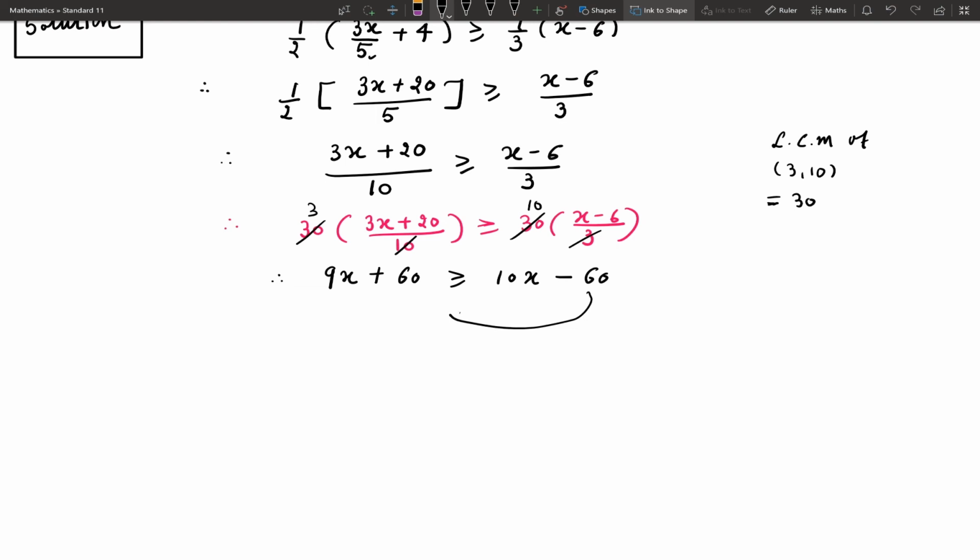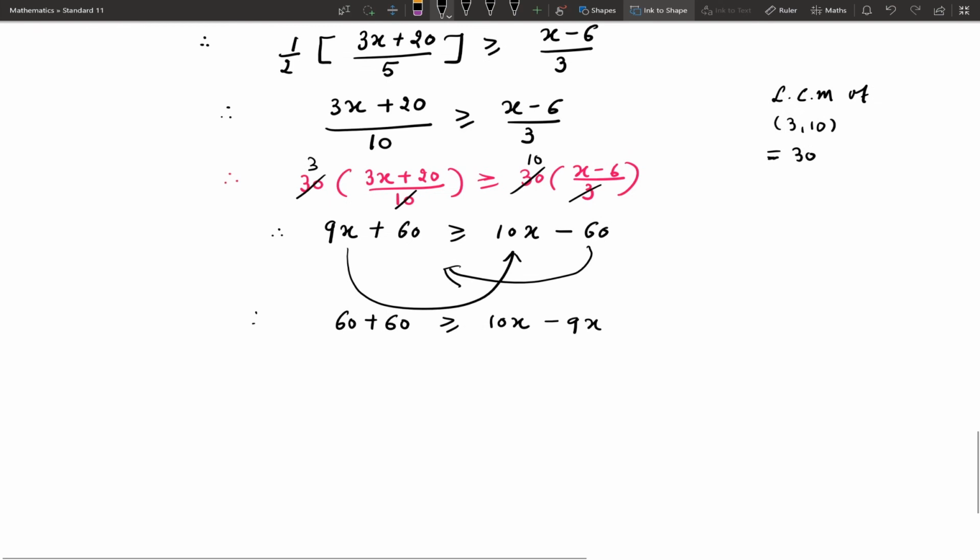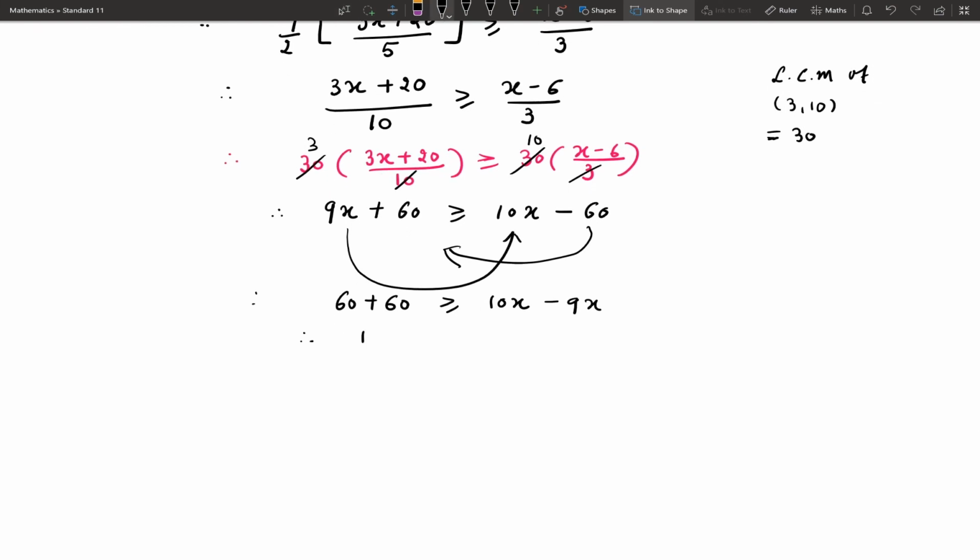Now transfer minus 60 to this side and 9x to this side. So there will be a change in the sign. So minus 60 when we transfer to the left hand side, it will be a plus 60. So 60 plus 60, 10x plus 9x when we transfer, it will be a minus. So 120, 60 plus 60, 120 greater than or equal to 10x minus 9x, x.